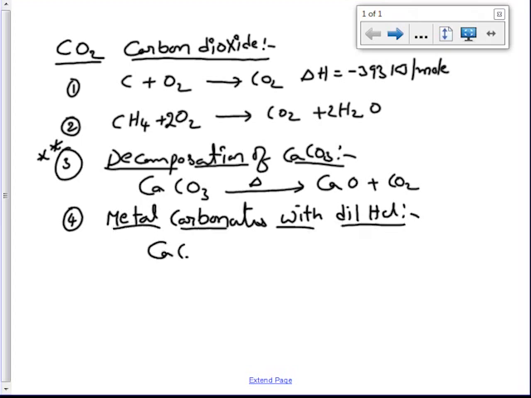For example, calcium carbonate on reaction with dilute HCl gives calcium chloride plus water and liberates carbon dioxide.